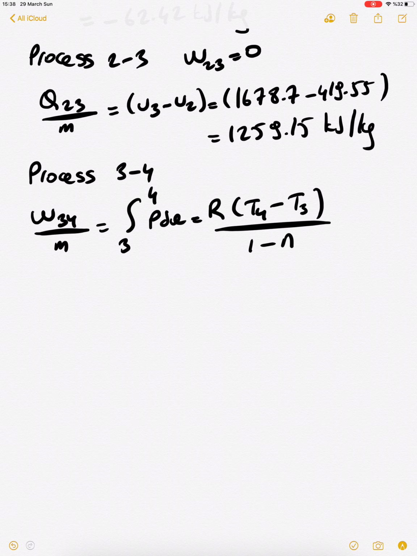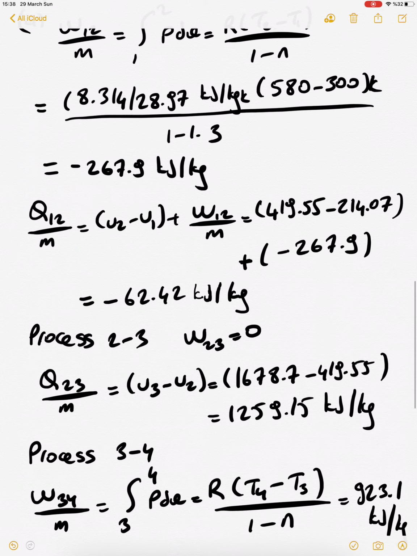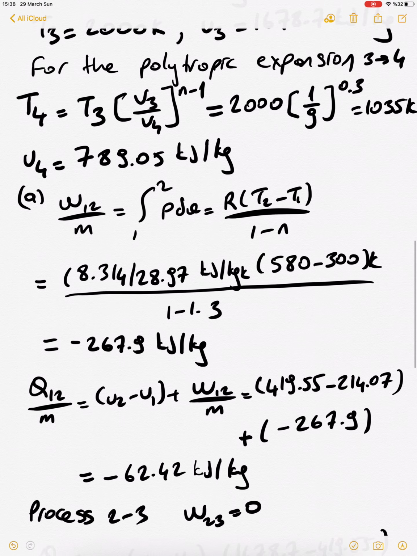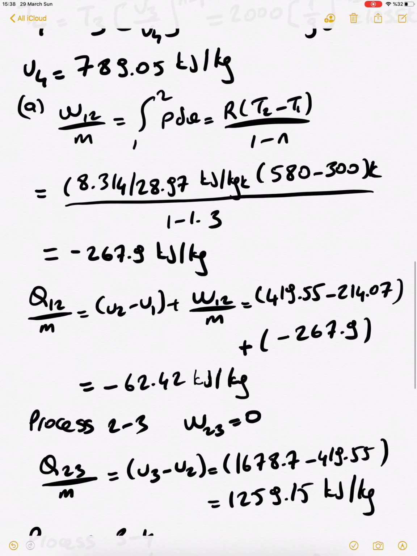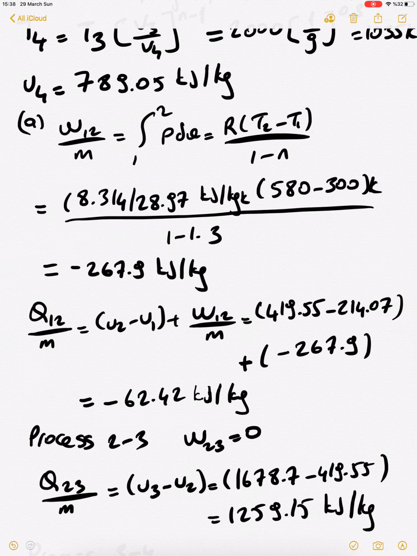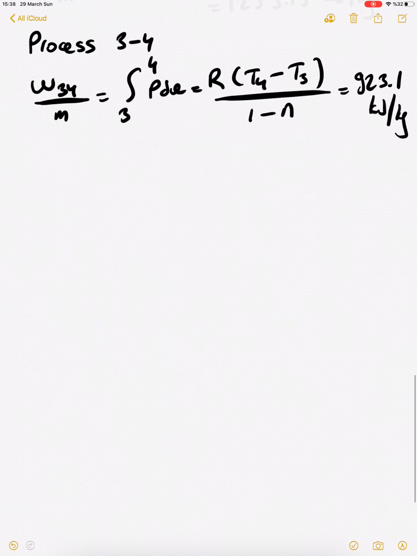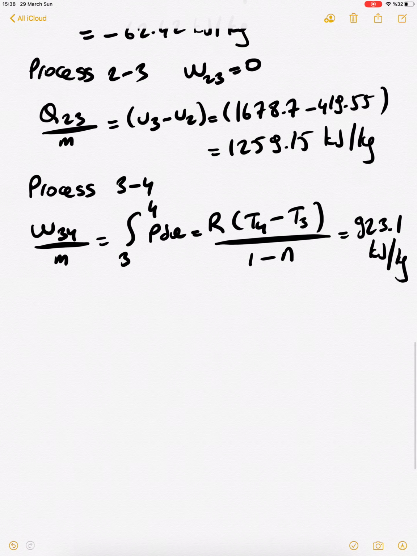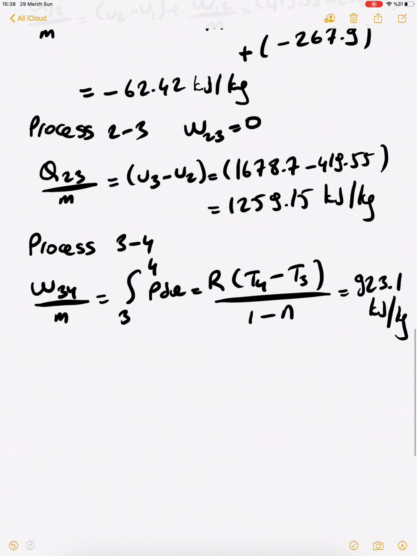If you plug in the values, you are going to see that this is also positive now. It is expected, and you compare it with the work term here, work 1-2. Work 1-2 is minus 267.9, and the work you get, this is the power stroke and the useful work, is approximately 3 to 4 times greater than the compression work.